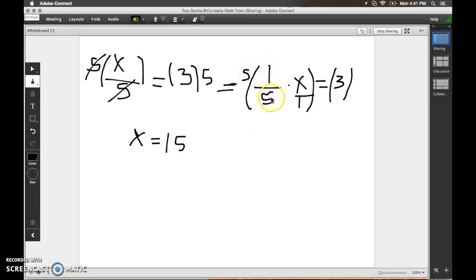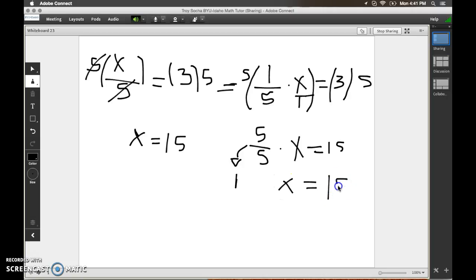The 5 and the 5 cancel out, because this becomes 5 over 5 times x equals 3 times 5, 15. And 5 over 5 is just 1. So now x equals 15.